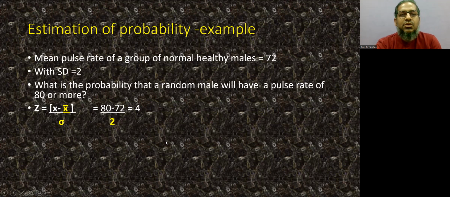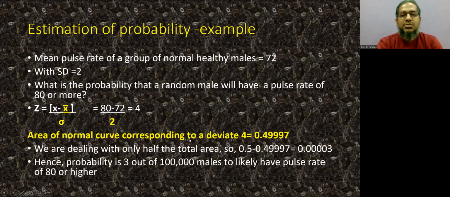So here we have to find out the Z value or relative deviate. The observation is 80 and the mean value X bar is 72. So 80 minus 72 divided by 2 is equal to 4. The area of the normal curve corresponding to a deviate 4 is 0.49 or 49%.